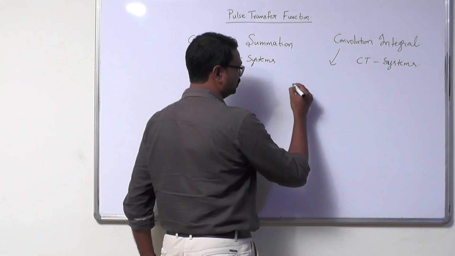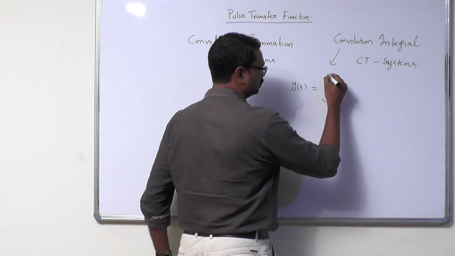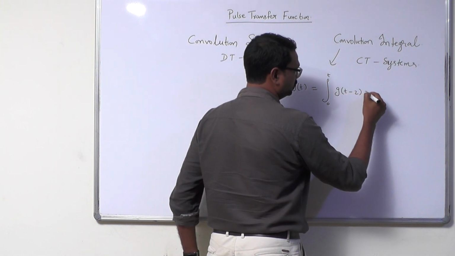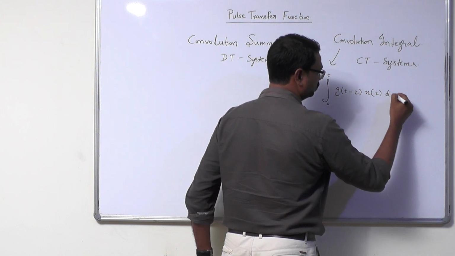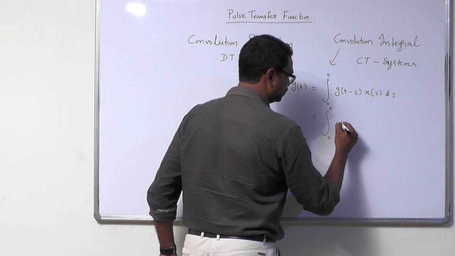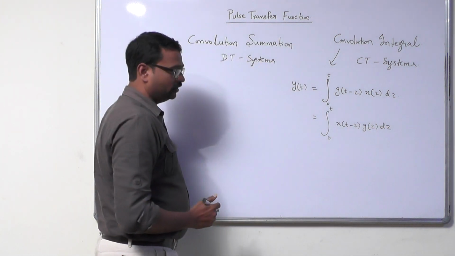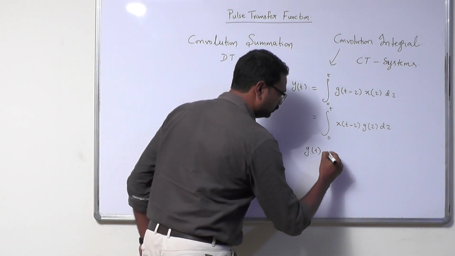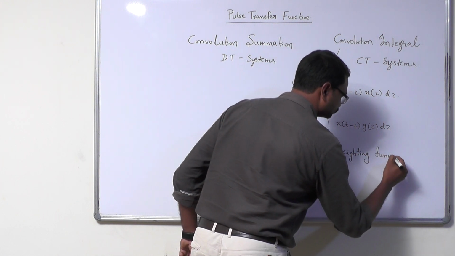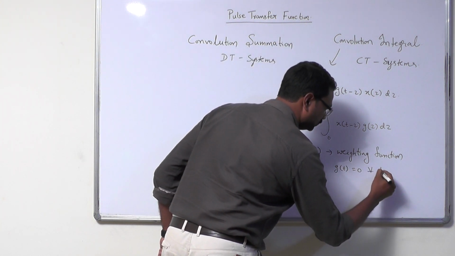Any output y of t is nothing but the convolution integral of g of t minus tau, x of tau, d tau, or you can also write it as the integral from 0 to t of x of t minus tau, g of tau, d tau, where g of t is the weighting function and g of t is assumed to be 0 for all time t less than 0.